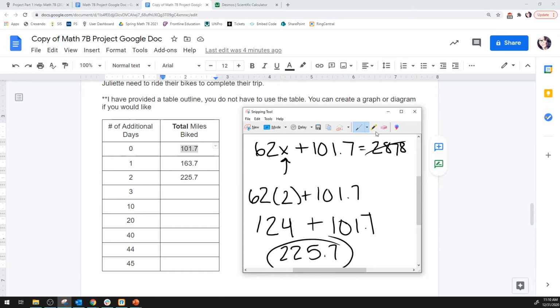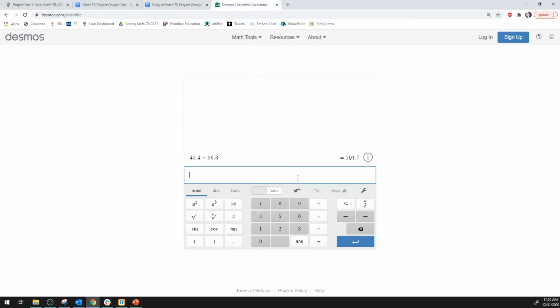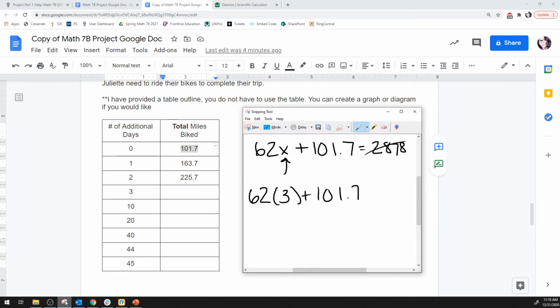Okay, I'm going to show you one more, and that's going to be the 3. Hopefully by now you're starting to see the pattern and what you do to solve for the rest of these. Let me replace this 2 with the 3. So I have 62 times 3. Now don't forget, you can type this into a calculator. 62 times 3 is 186.